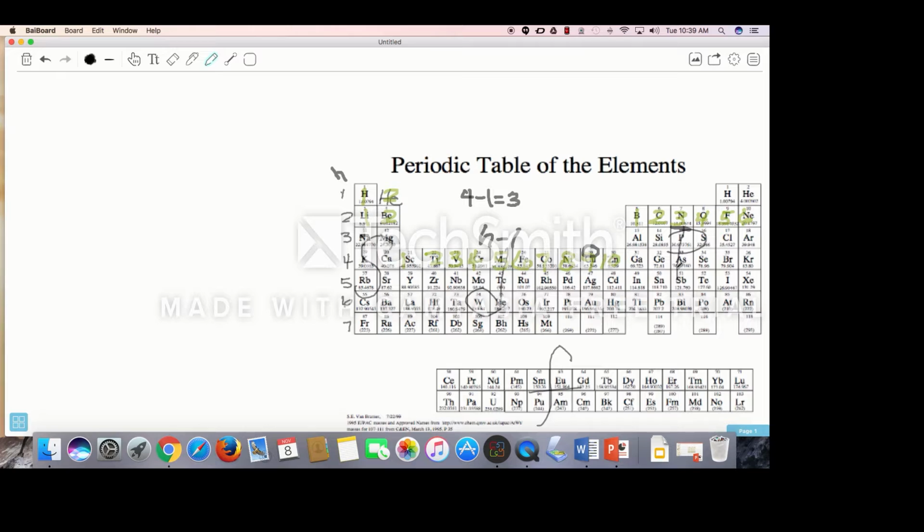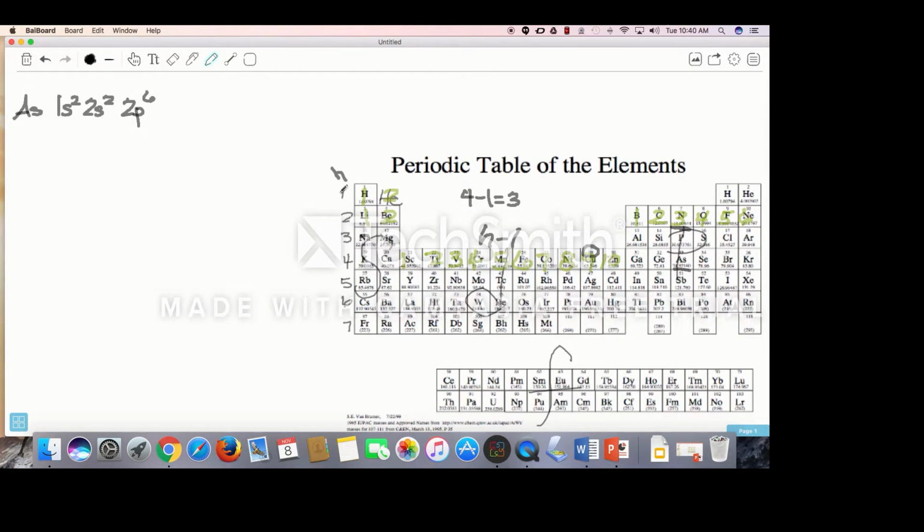Arsenic is number 33, has 33 electrons. So if we take a look at arsenic, we start with the lowest energy level, which is 1, the S sublevel, 2, the second energy level, S sublevel, 2. We come across to the 2p sublevel, and if you count, you have 6.